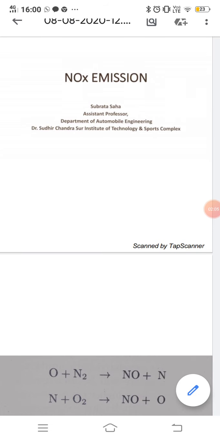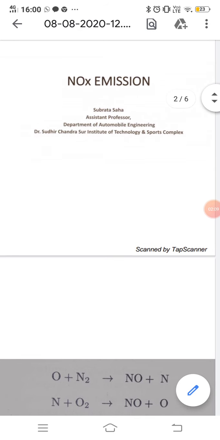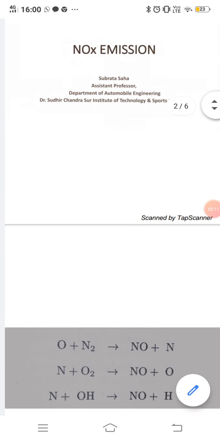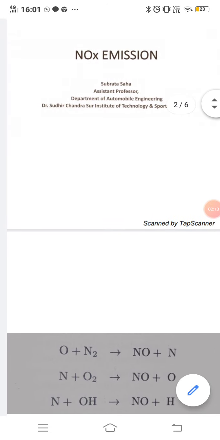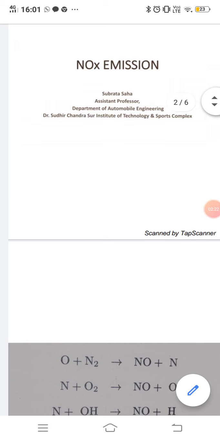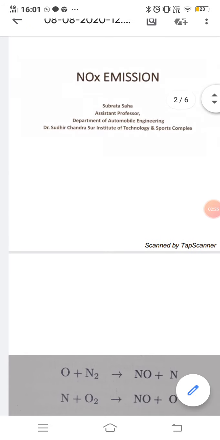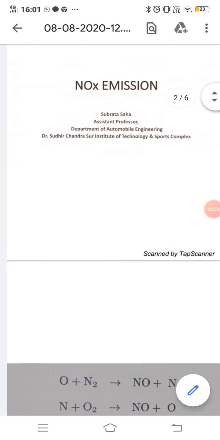This is the family of oxides of nitrogen, and NOx is very undesirable, and regulation to reduce NOx emissions continues to become more and more significant each year. NOx reduction was mainly introduced in BS4.